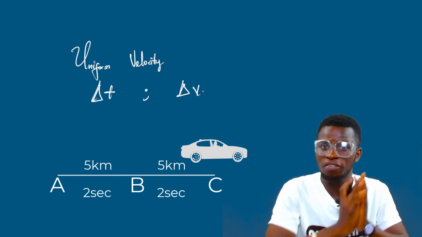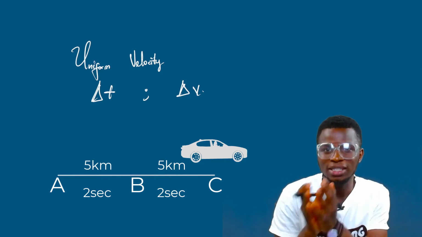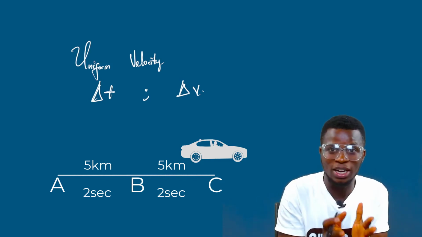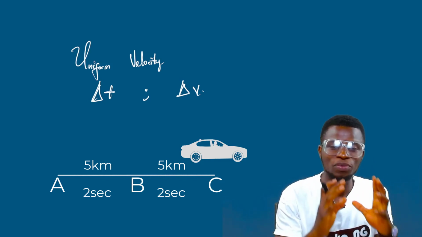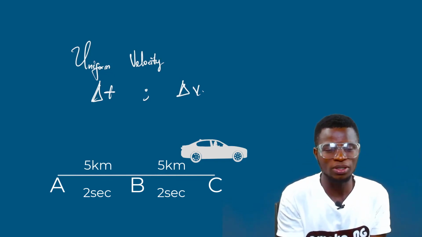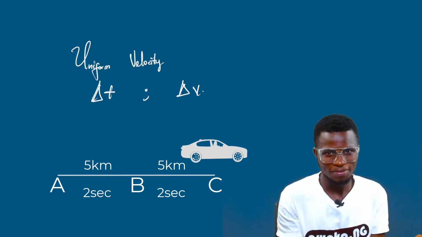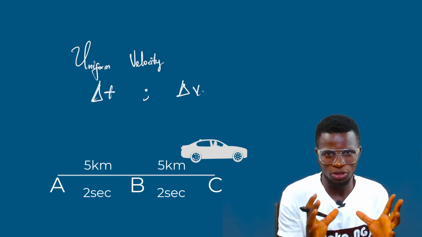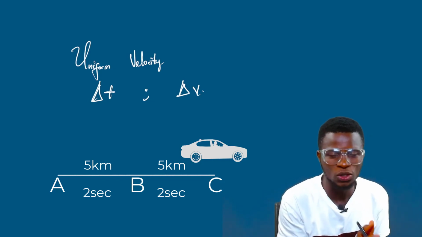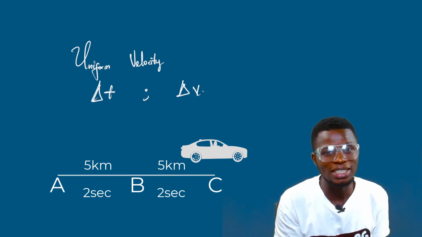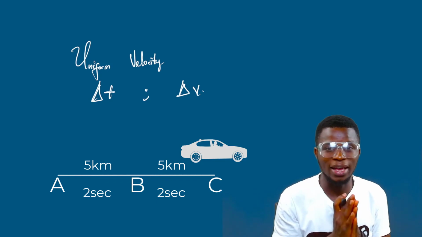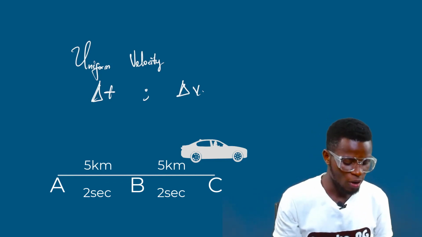As there is a change in velocity, there is also a change in time. So in conclusion, any body that is undergoing uniform velocity is said not to accelerate, because there is no change in time. Are you getting what I'm trying to communicate? Yes, I'm sure you are. So a body undergoing uniform velocity cannot be said to accelerate. This is a likely exam question, so take note of that.